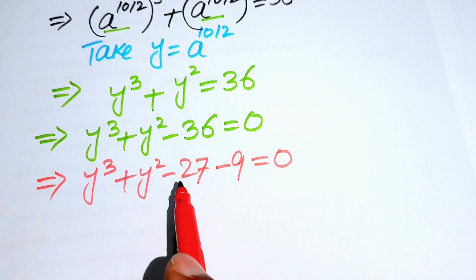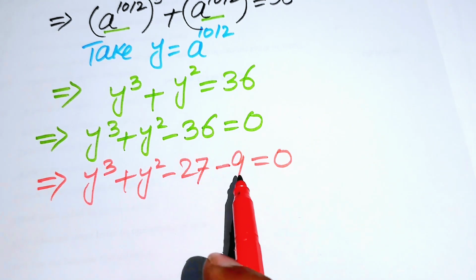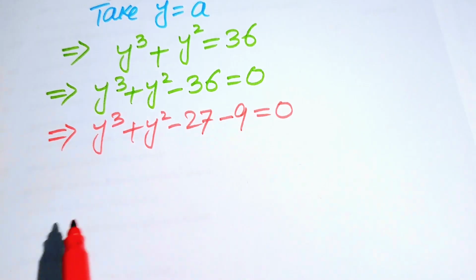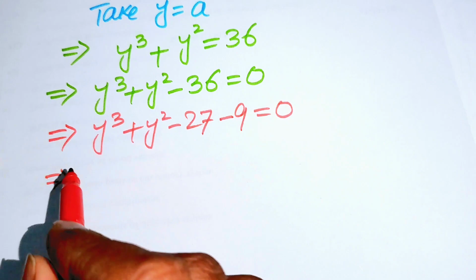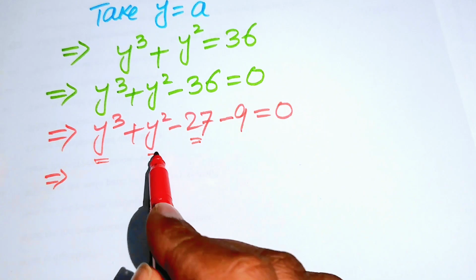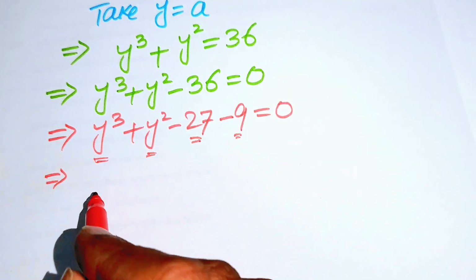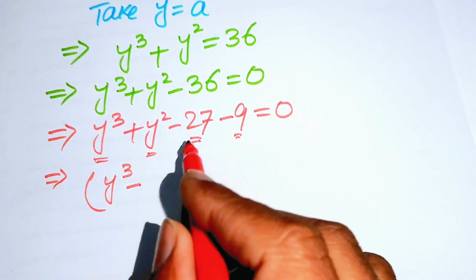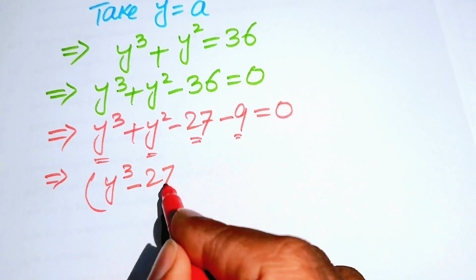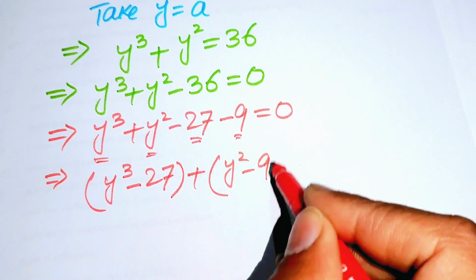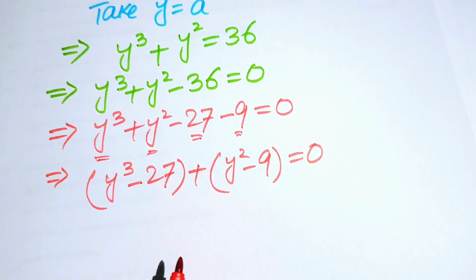So we see that minus 27 and minus 9 equals minus 36, and now in the next step we make the pair of y cubed with 27 and y squared with minus 9, and it will be written as y cubed minus 27 plus y squared minus 9, and this whole equals 0.